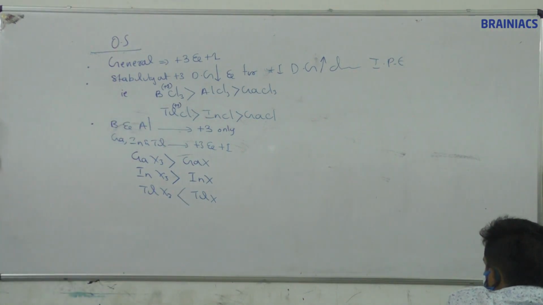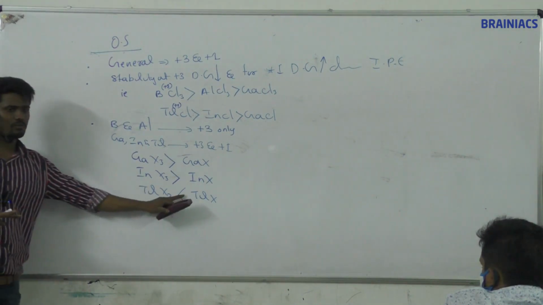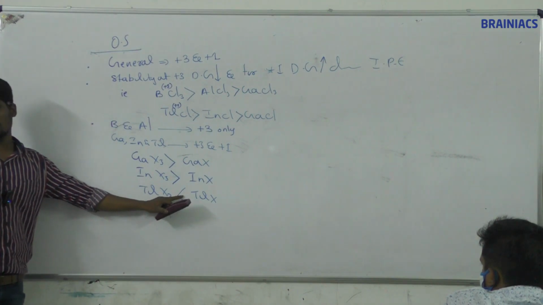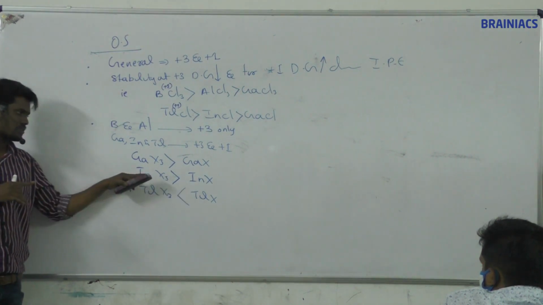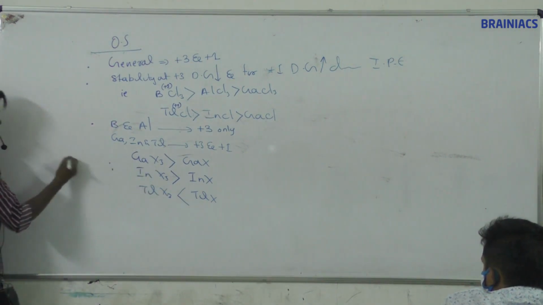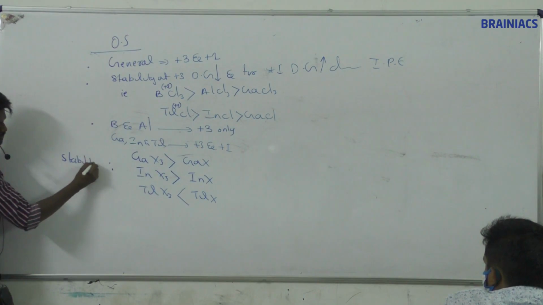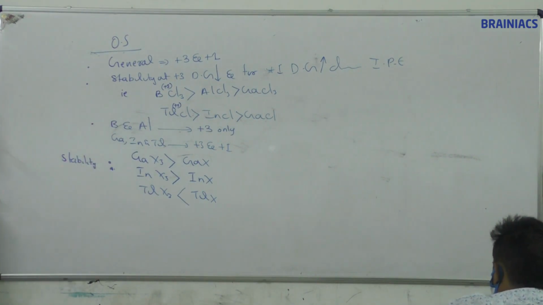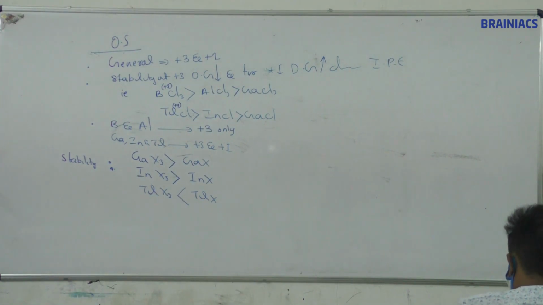So in the +1 oxidation state, thallium is the only one that has stability. Others are stable in the +3 oxidation state. Okay. X means halogen: chlorine, fluorine, anyone.